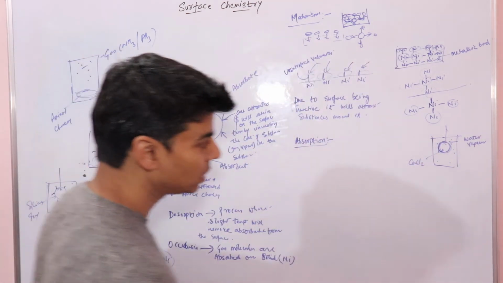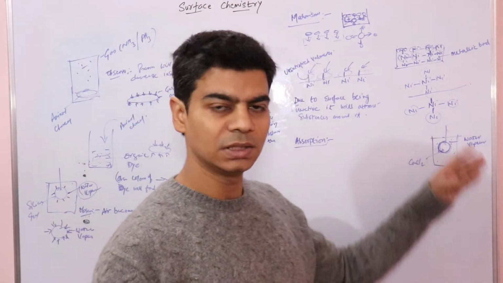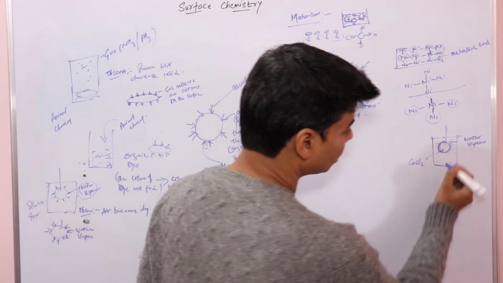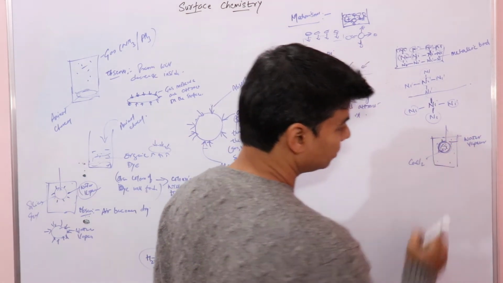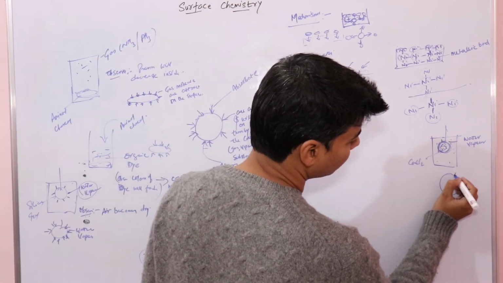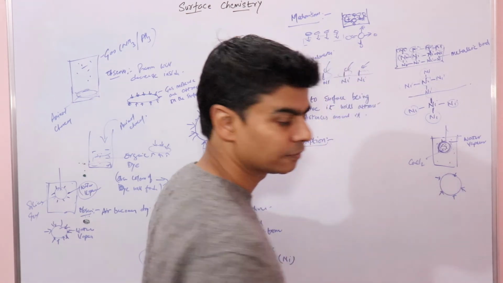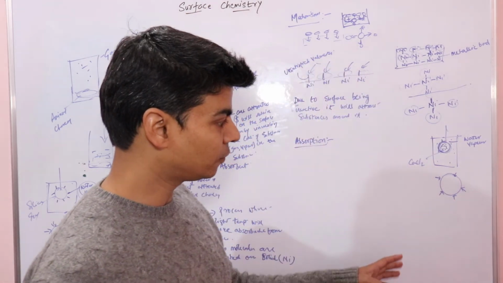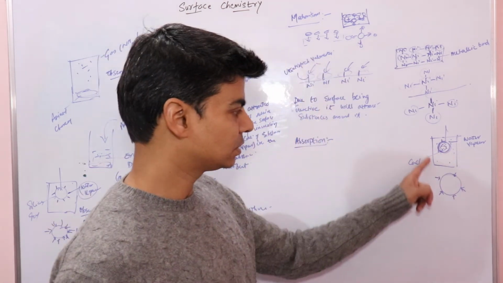What we mean by saying it's uniformly distributed is that water vapor has gone inside the substance, inside calcium chloride. Because in the earlier case, in adsorption, water vapor will remain on the surface. In the case of absorption, it takes place in calcium chloride.